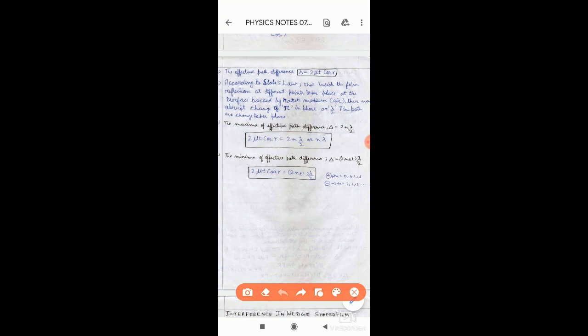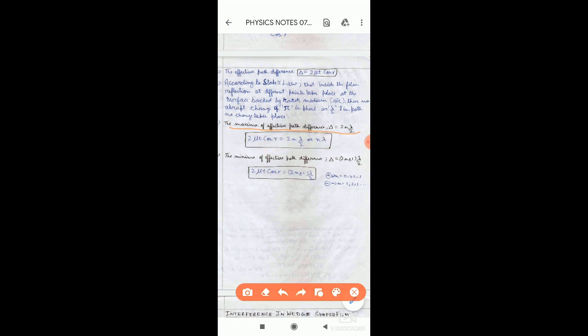Now we have the effective path difference, we can find out the maxima and minima. For maxima, the effective path difference should be an even multiple of lambda by 2, that is 2n lambda by 2. So 2 mu t cos r equal to 2n lambda by 2, or n lambda.